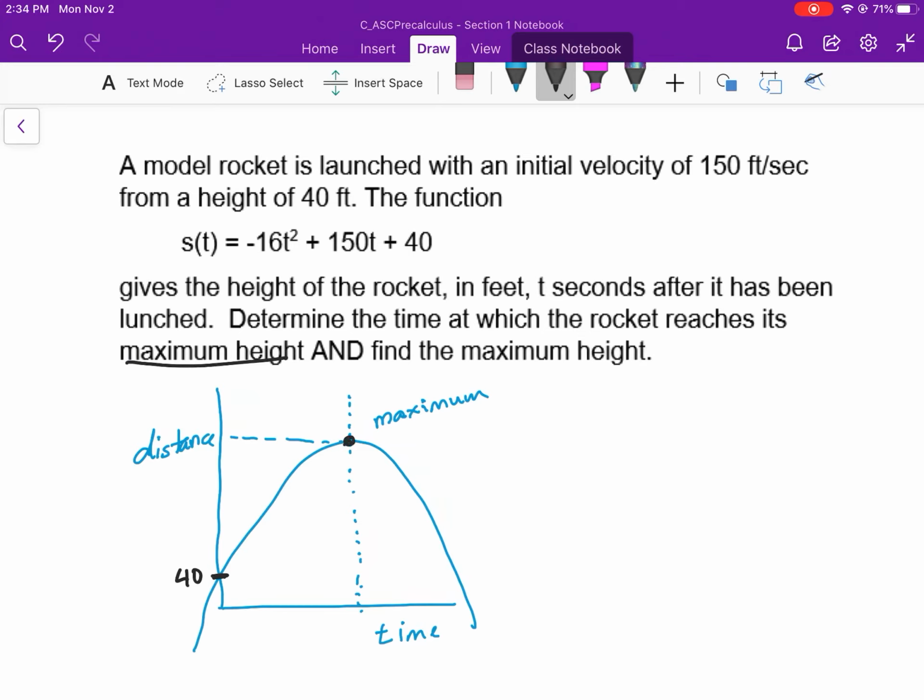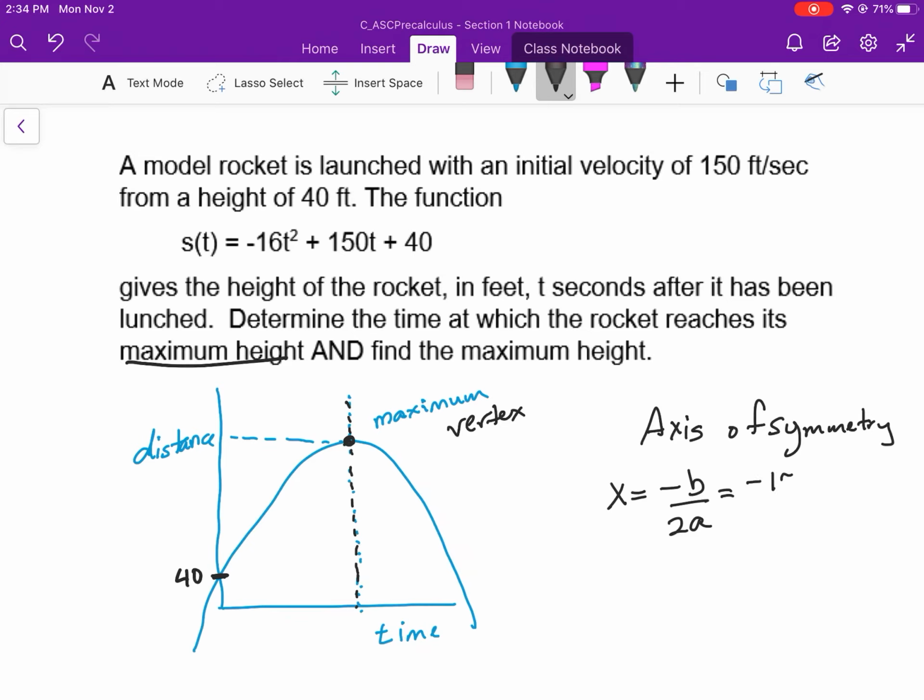Well, notice right here, this is my vertex, right? And we already know how to find the vertex. Remember, this line here is called the axis of symmetry, AOS. My axis of symmetry formula is x equals negative b over 2a. So I'm like, well, I can do this.